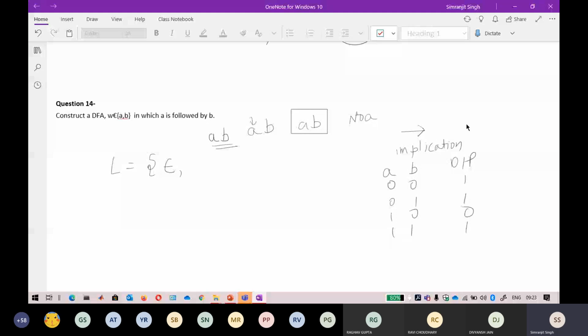In discrete mathematics you studied propositional logic, and the truth table of implication is like this. I will explain why epsilon comes here.